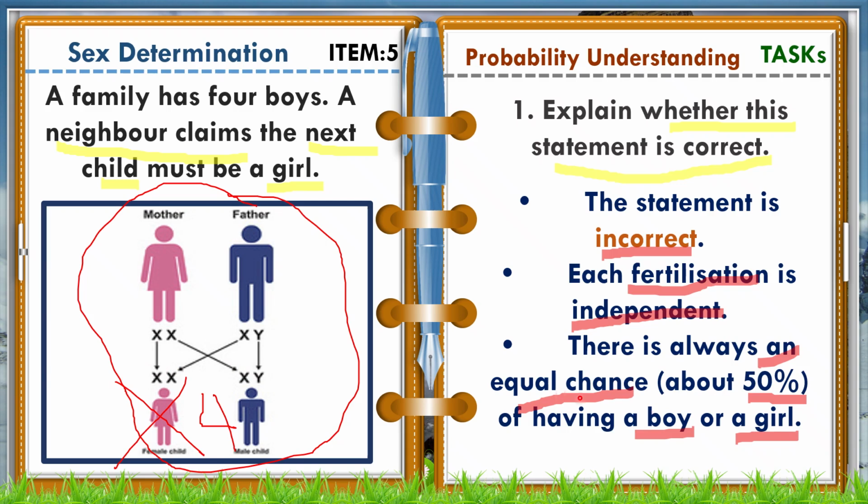The chance is 50% of having a boy or having a girl. So we may end up having the other 50% and have a boy child the next time. It's not a guarantee that the next time it will be a girl. It is 50-50.